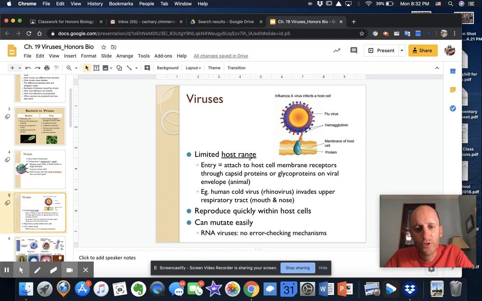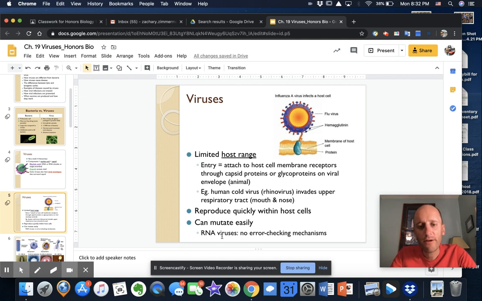Anyway, the host cell is targeted by the virus, and a lot of viruses will cause disease. And so the common cold is caused by a virus. It's called the rhinovirus. And of course, we've heard about coronaviruses, which target the respiratory tract. So viruses generally can reproduce very rapidly within their host, and as they reproduce, they also have the capacity to evolve.